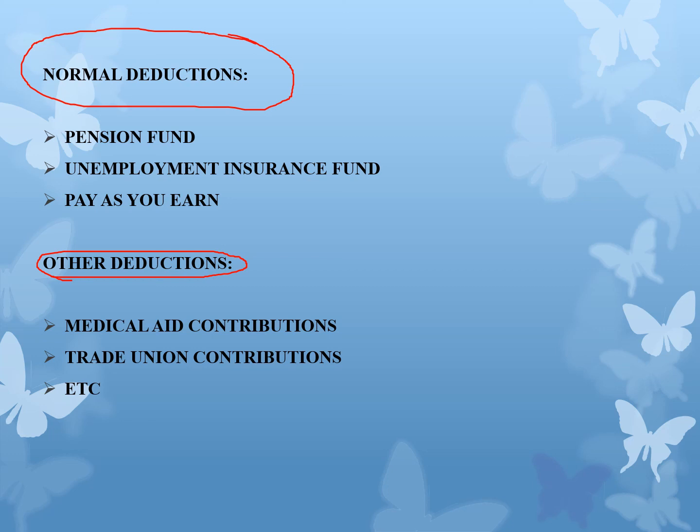It will also be done here. So all those which are not compulsory must come here. The compulsory ones must also be shown separately, which means we deduct the three first in this order: pension fund, UIF, pay as you earn. Then the other deductions come last.